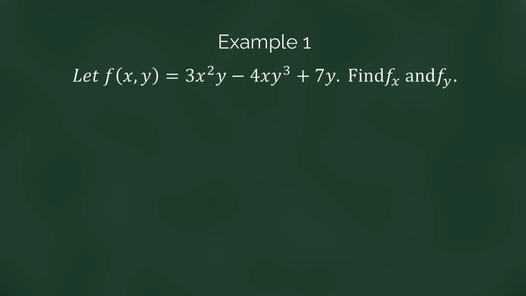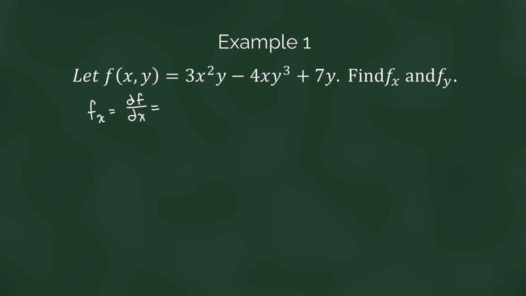Let's try a few examples. We're going to start off with a fairly straightforward polynomial, and we want to find the partial derivative with respect to x, and the partial derivative with respect to y. So the partial derivative with respect to x, which we can also denote with our little curly d. Here, we're going to treat y as if it were a number.